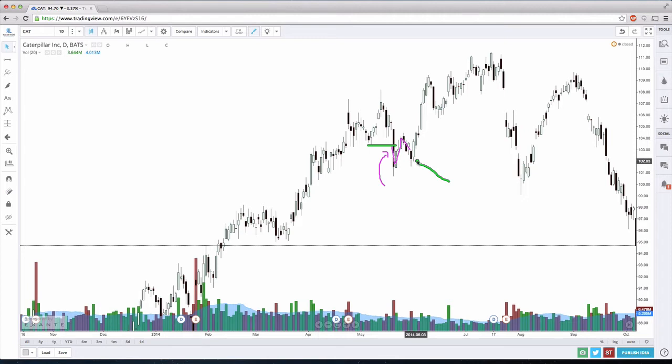Likely you would have seen that one white soldier and said, oh man, this looks like it could be forming a double bottom pattern, which you guys can see it's much tighter, much quicker. And I do like that double bottom pattern. And that double bottom pattern confirmed at some point. If you waited for a close above the neckline, you more than likely got in some point during this day right here.